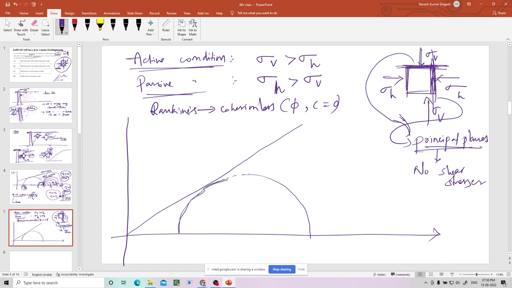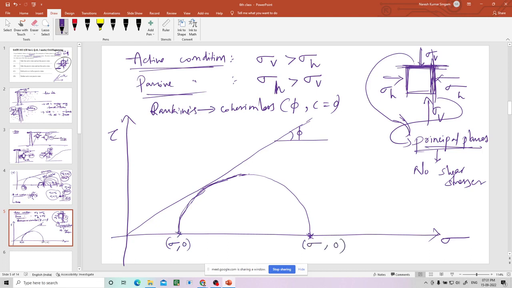Okay, let us say this is the Mohr circle at failure. It is touching this Mohr failure envelope. Okay, this is the friction angle, right? And c is 0. That's why it is going through the origin. And what is this? This is tau. This is sigma. And this is the Mohr circle. Now, what are these? Here some sigma will be there, but tau will not be there, right? Here also some sigma will be there, tau will not be there.